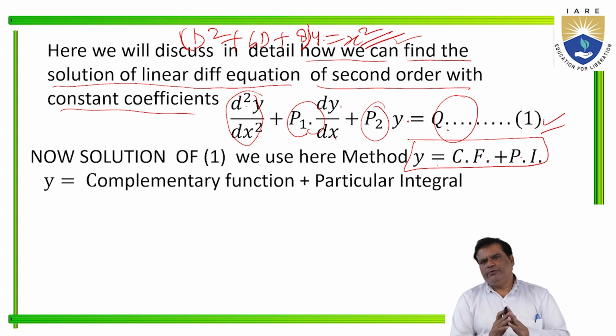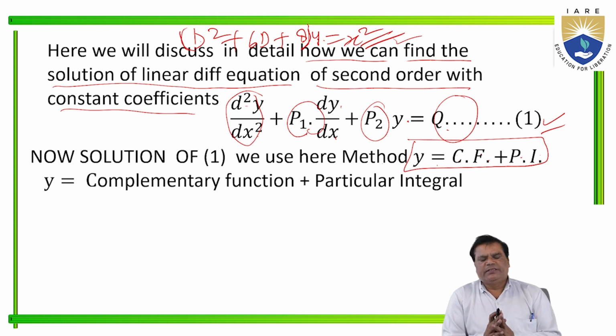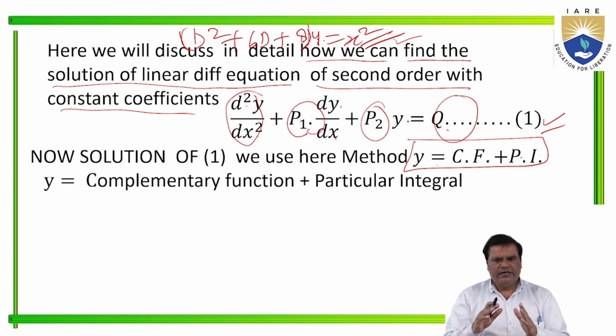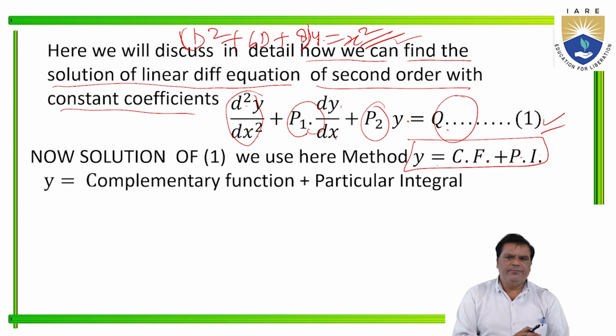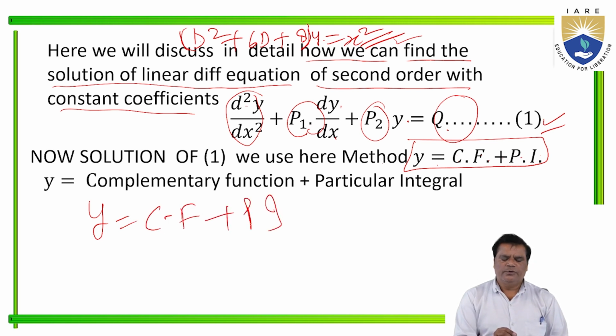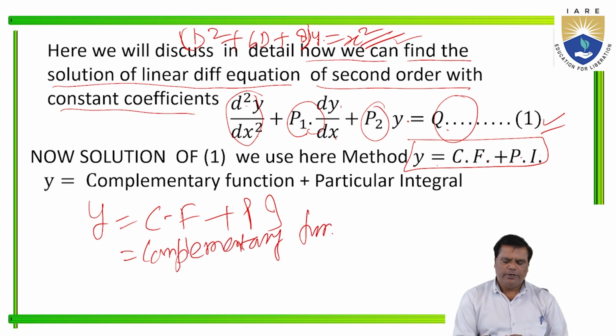I am telling you, for every linear differential equation with constant coefficient and a function q on the right hand side, the complete solution is in two parts. One part is the complementary function, the other part is the particular integral. For the complete solution of the given equation, y is equal to cf plus pi.